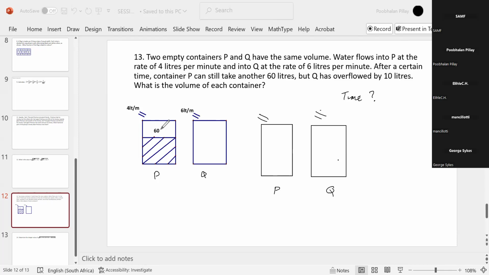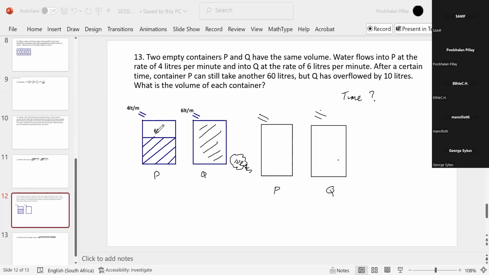So you can see this, I've got this in the diagram here. You've got the space for 60 liters here, right? But Q has overflowed by 10 liters. So you've got some 10 liters on the floor here. It's overflowed and it's full.